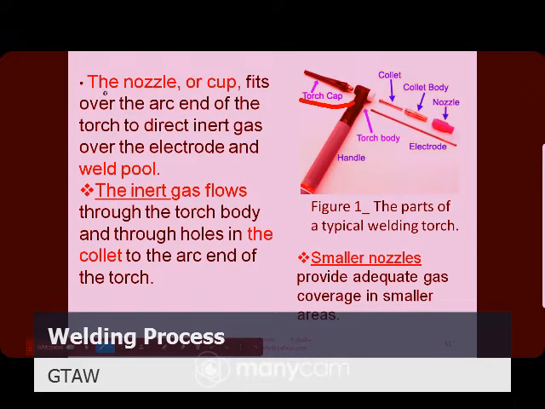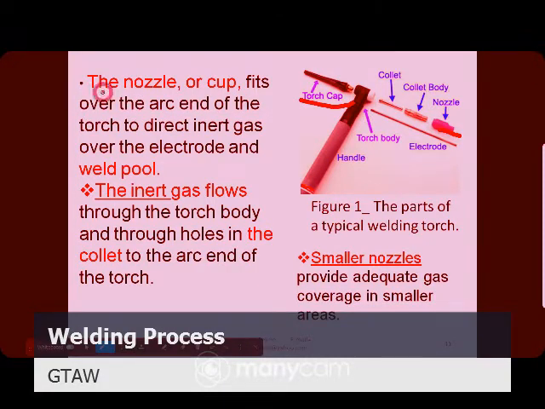Here there is also the nozzle. There are different sizes and shapes of nozzle. So what's the use of the nozzle? The nozzle is a part of gas tungsten arc welding torches.